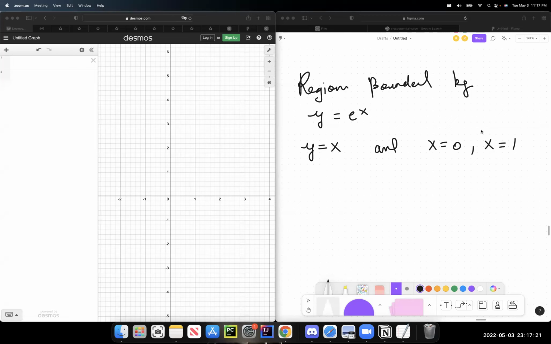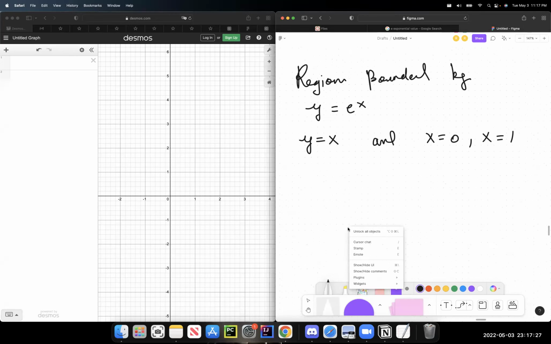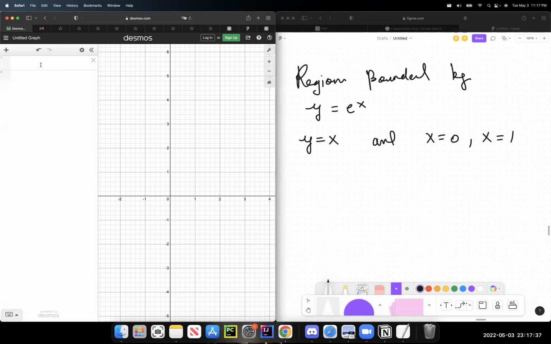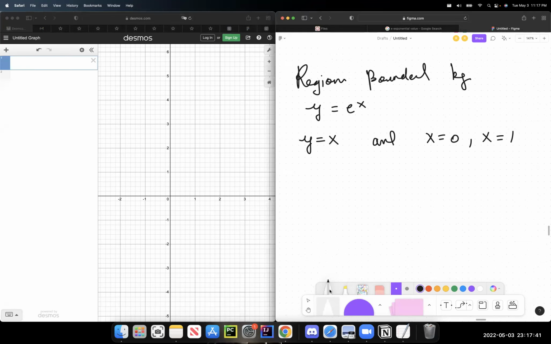So now let's cover region bounded by curves. Sometimes they'll say, I'm giving you a couple functions, find the region bounded by both of those curves or all of those curves. And in this case, you're not rotating them. You could sort of plot this by hand, right? You could look at e^x as being something like that.